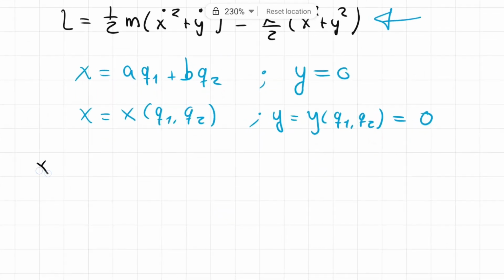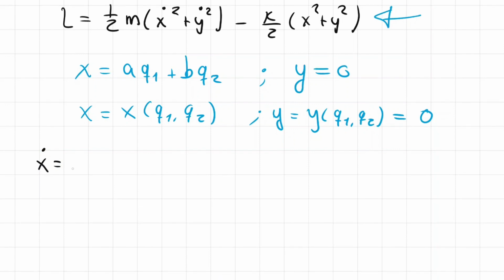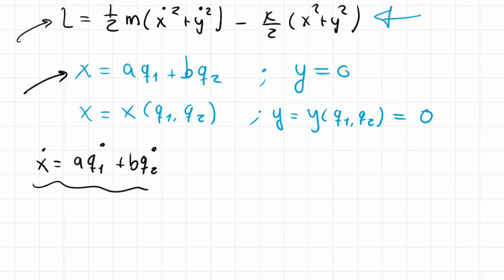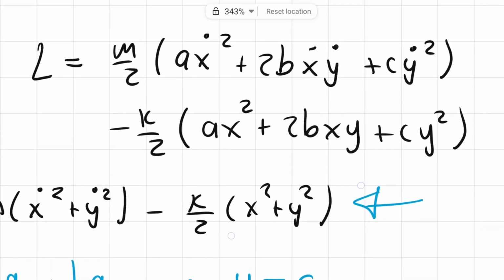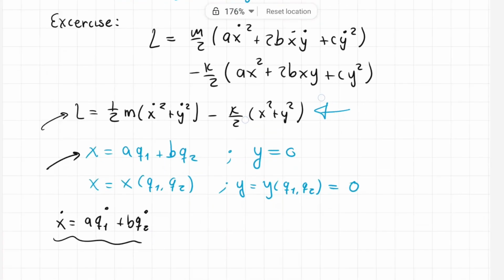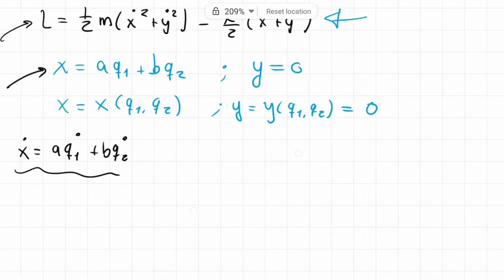I mean that if we calculate x dot, that will be a q1 dot plus b q2 dot from this. And then if we substitute this value into our Lagrangian of the harmonic oscillator, we'll see that we are going to get a Lagrangian of this structure. Okay, so let's do it.